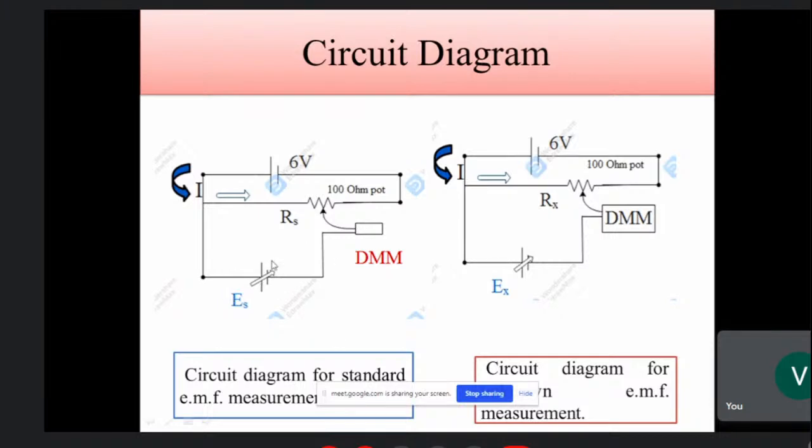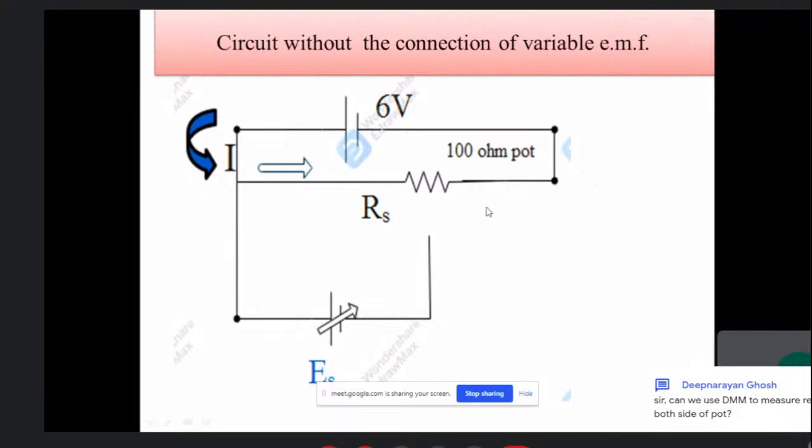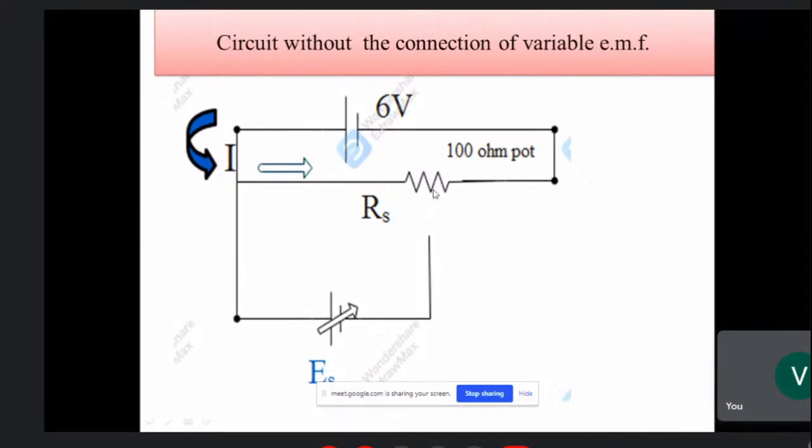This variable source is used for standard EMF and for unknown EMF. When there is no connection between the standard EMF and the circuit here, that RS means this pot, then the current goes through that way. This is I.